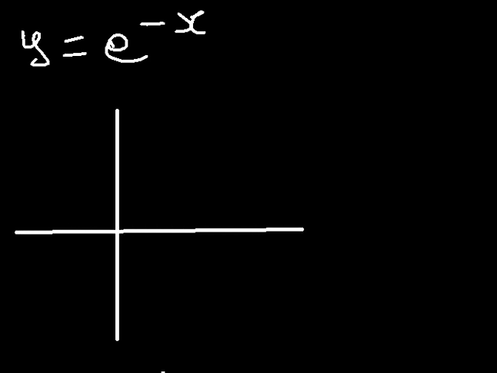And what would that be like? So you know this is the y-axis and this is the x-axis. And we know that the basic shape of the graph has to go like this. This is the basic shape of the graph in that case. But now since it is reflecting along the y-axis, the graph has to look like this.